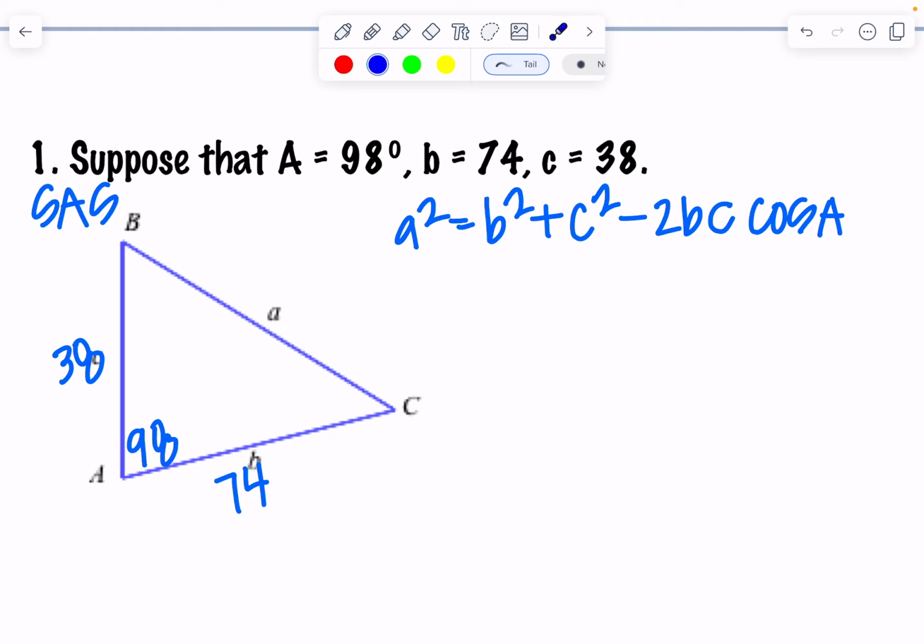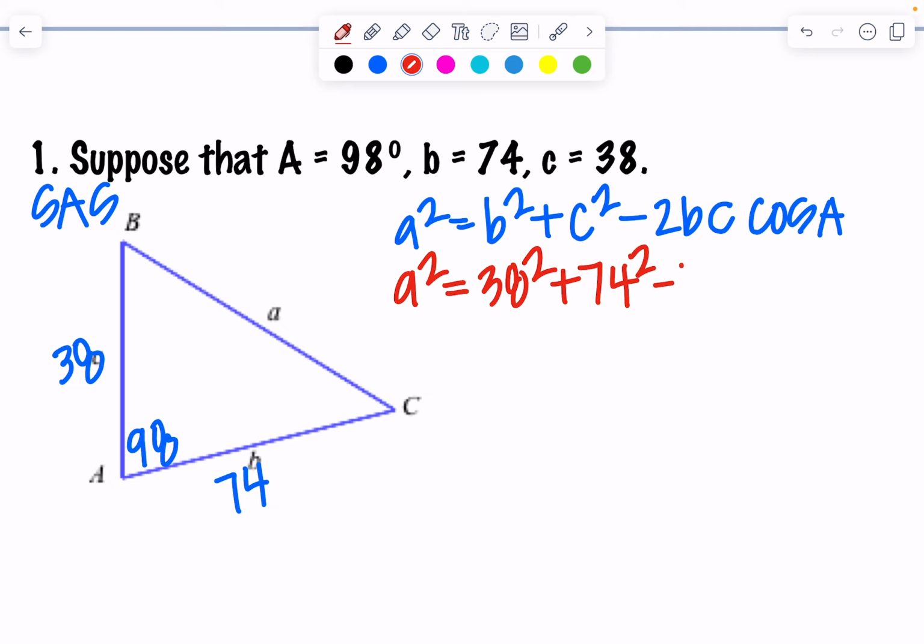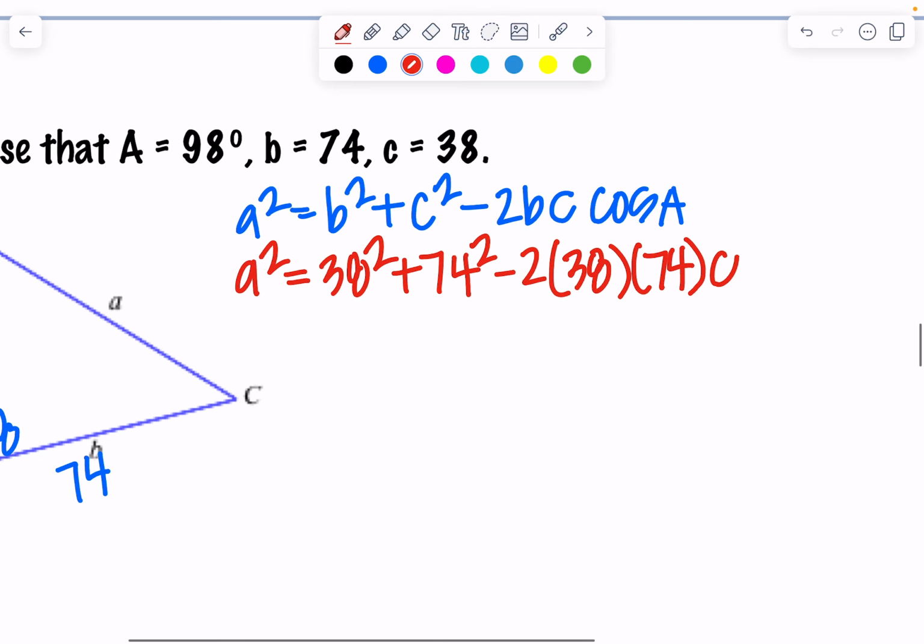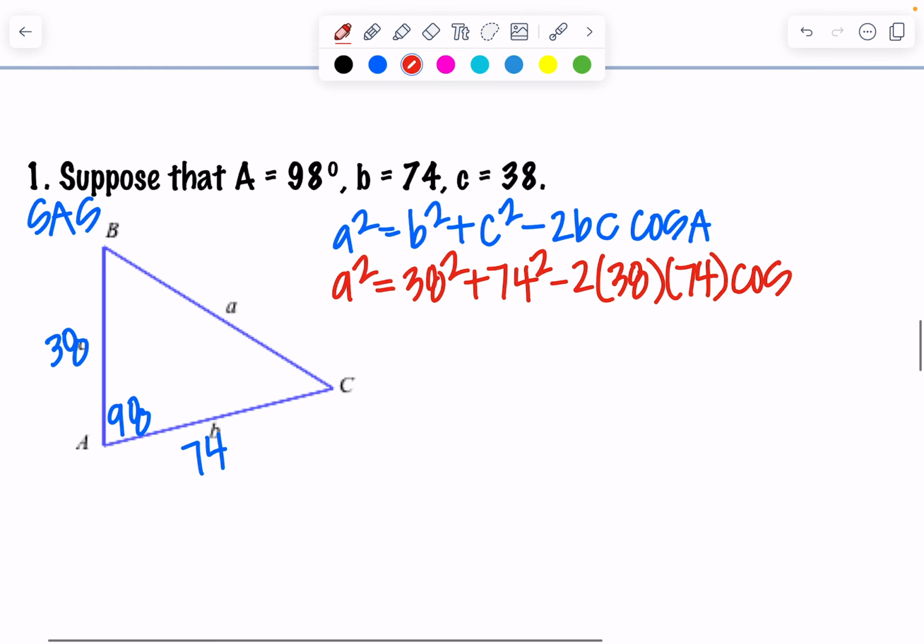So this will be a squared equals, and then the two other sides, so 38 squared plus 74 squared minus, again, you repeat those two sides, and then times cosine of the angle of the side we're talking about. So again, little a, you find the angle across from it, cosine 98.